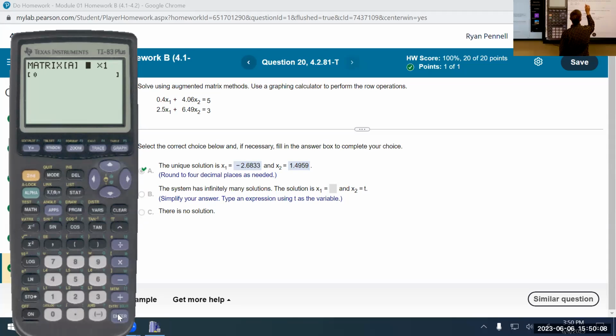I want to enter in 0.4, 4.06, 5, 2.5, 6.493. That's what I want to do. And then I want it to do all the solving and arithmetic for me. So that is 2 rows, 3 columns.